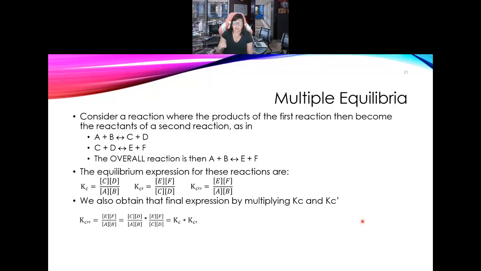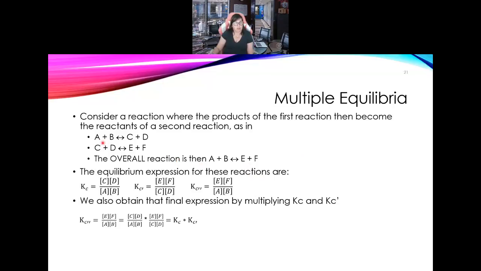And then I talk about the HCO3- going to give me H+ plus CO3 2-, and I know a K for that. Then I can multiply those 2 Ks together to tell me what the value would be to go directly from H2CO3 to 2H+ plus CO3 2-. So that's the kind of thing that we're talking about here.